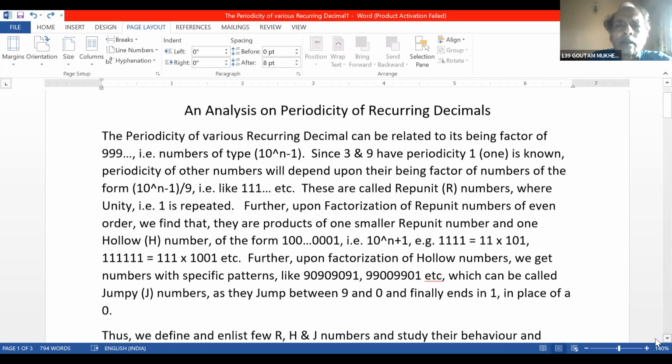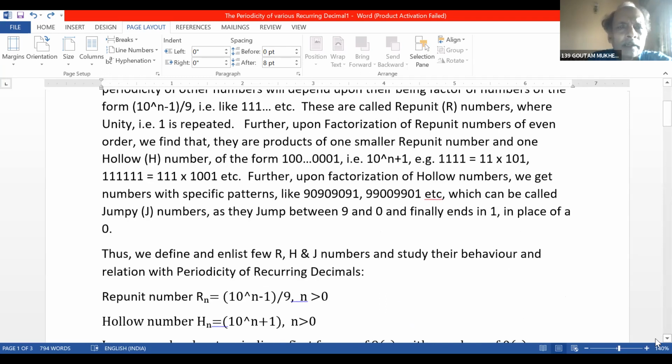So this is called repeat 9 numbers. One-ninth of that is the repeat 1 number. So these also can be the factors deciding the periodicity of the numbers.